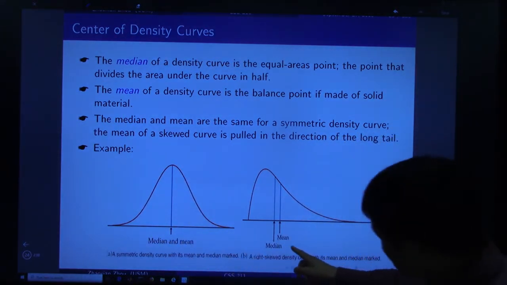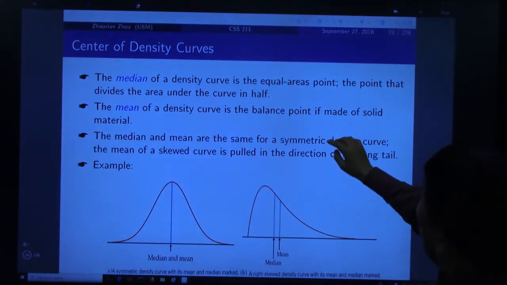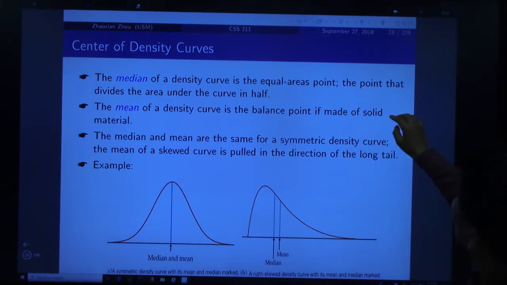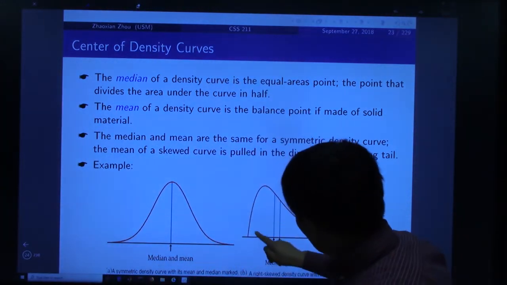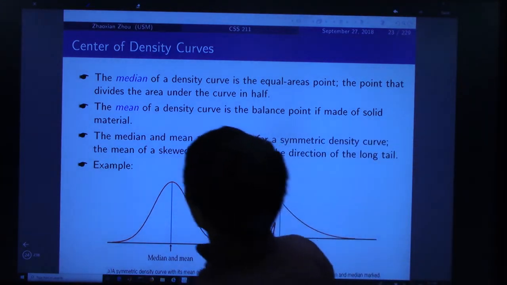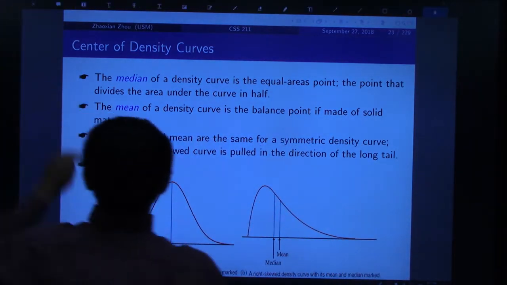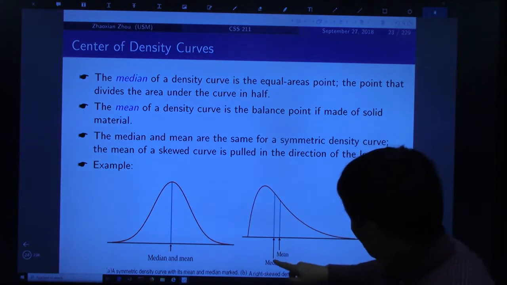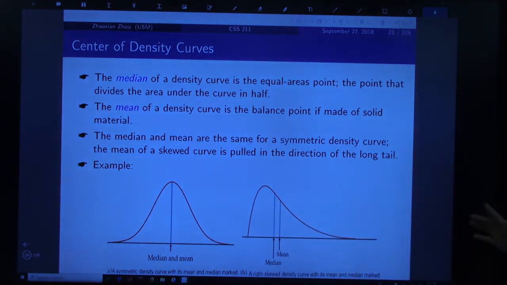Suppose this is the median, then the area for this part will be equal to the area from this median to the right. So that is the physical meaning for the median.